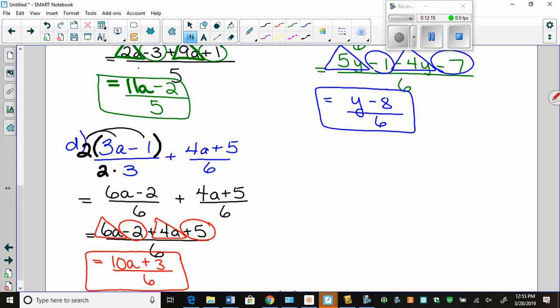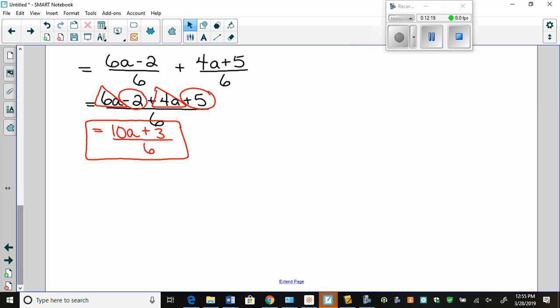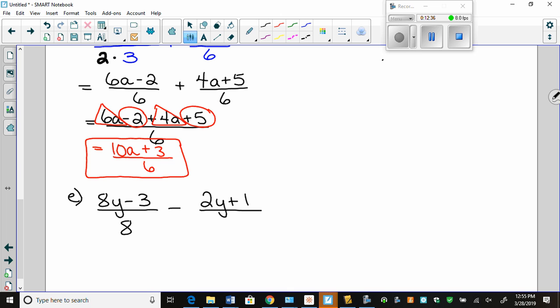Now we're moving into NPVs. So this one is E. 8y minus 3 over 8 minus 2y plus 1 all over 3.